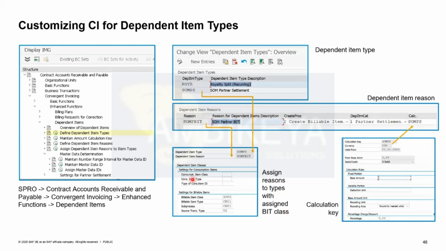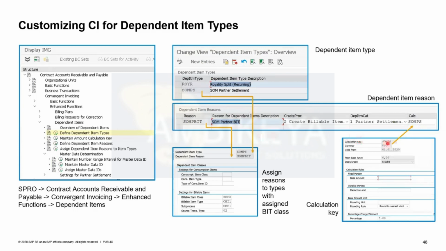In dependent item type customizing, all this customizing is on the CI side. I just thought of discussing it in a little more detail here. So a dependent item type can have a reason. In a CC scenario, how a pricing needs to be calculated, like how much of a revenue share should be given to a partner, used to be part of a pricing routine, part of a partner charge plan.